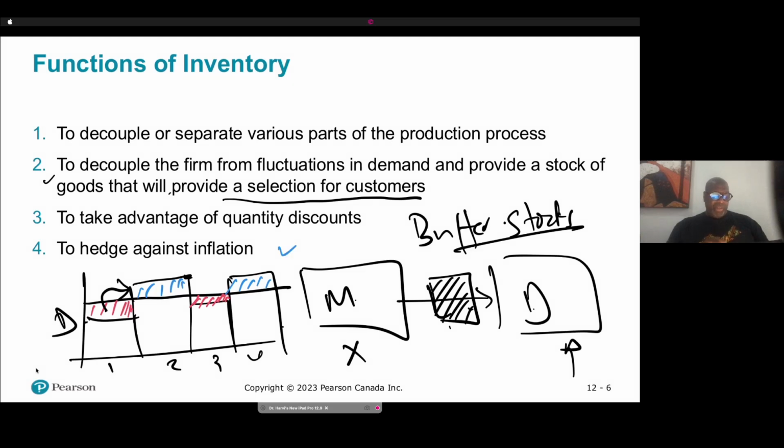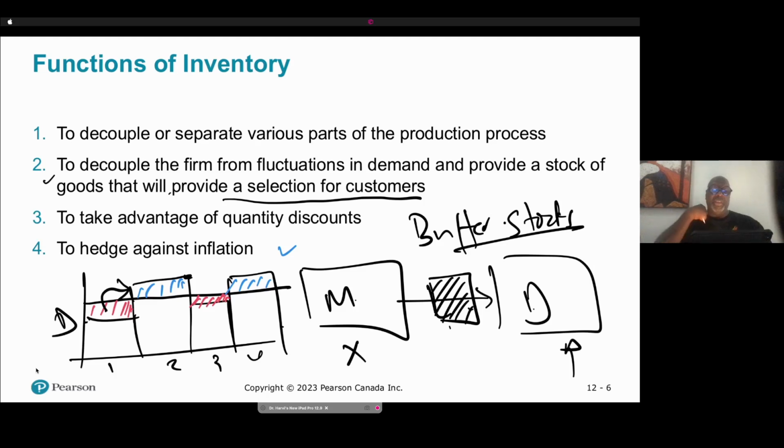And of course, to hedge against inflation. If prices are likely to increase, if we only knew that the prices associated with goods and services were going to increase after COVID, maybe a lot of us would have done different things prior to COVID. Construction materials went up significantly, almost 40 to 50%. And so if you had a renovation project to do prior to COVID, you would have said, oh my God, I should have done it prior to that.